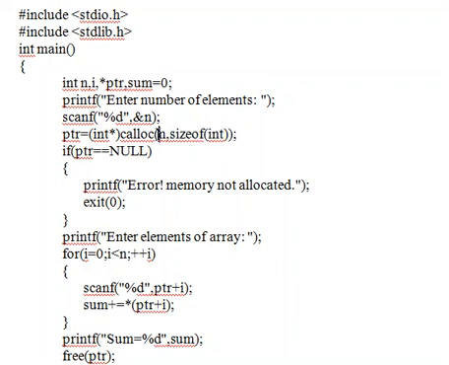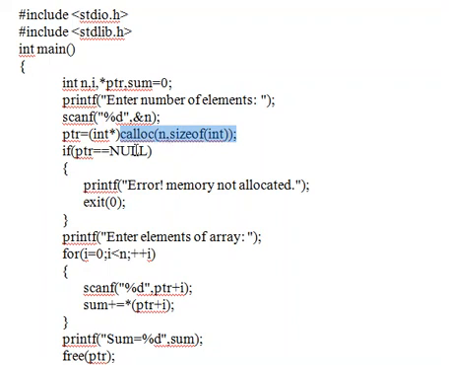Next, here n value is 5. So 5 comma 2, because the size of the integer data type is 2 bytes. So calloc 5 comma 2.